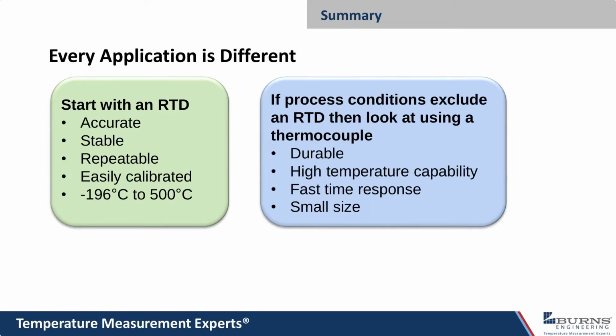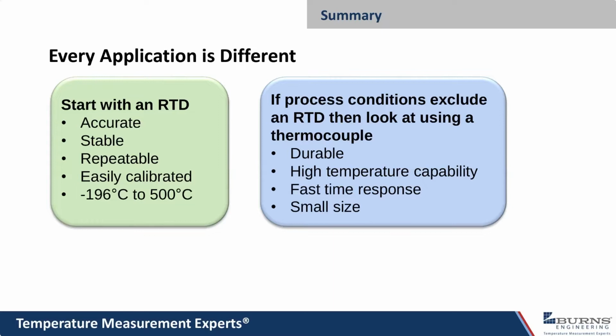Every application is just a little bit different, but I always like to start out with an RTD to see if it will fit in that application. We've made the decision to measure the temperature, so we may as well do it the most accurate, best way possible, and that's typically with the platinum resistance thermometer. They're very accurate and stable, the measurements are fairly repeatable, and you can pull it out of the system and calibrate it very easily.